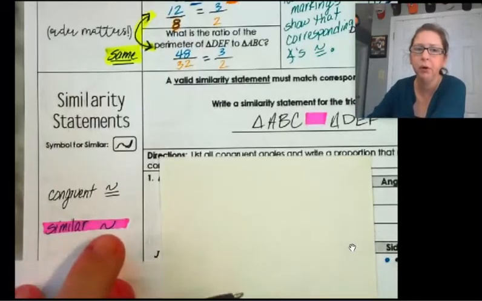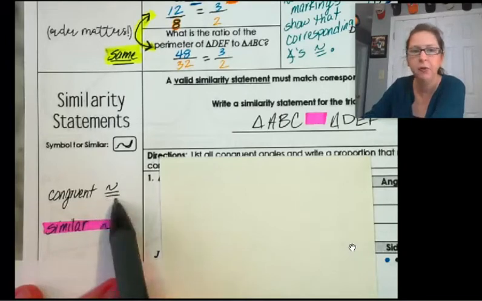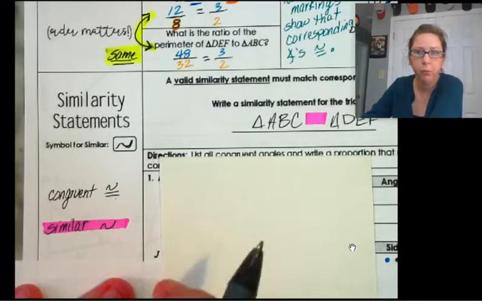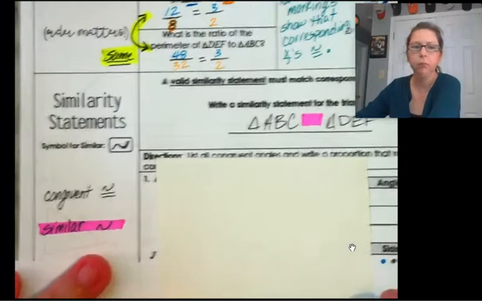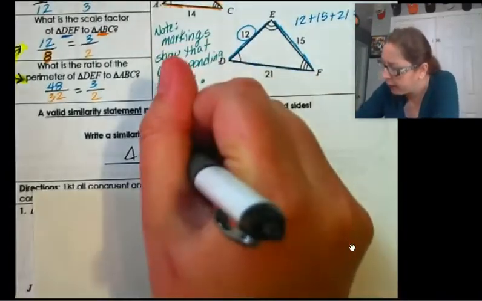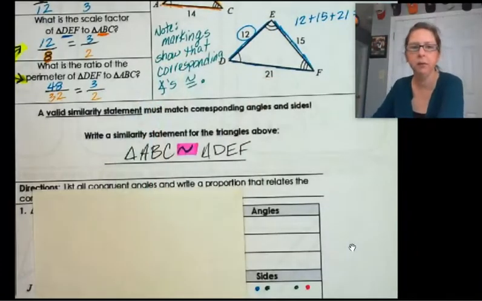Now we're going to use this symbol for similar. Notice the only thing it's missing is the equal sign underneath it, because similar triangles do not have all equal parts. They have some equal parts and some proportional parts. So we just need to include this symbol right here. They are similar. Okay.